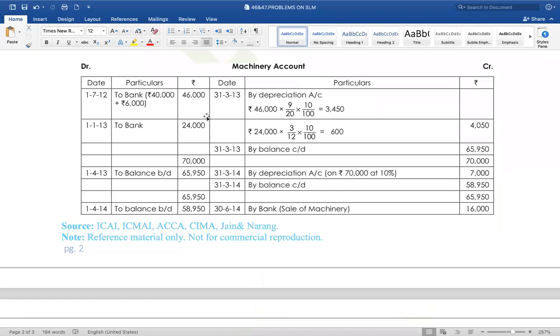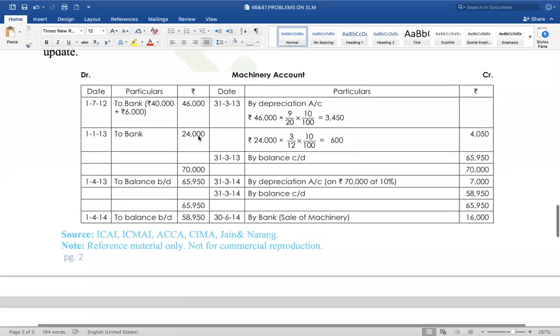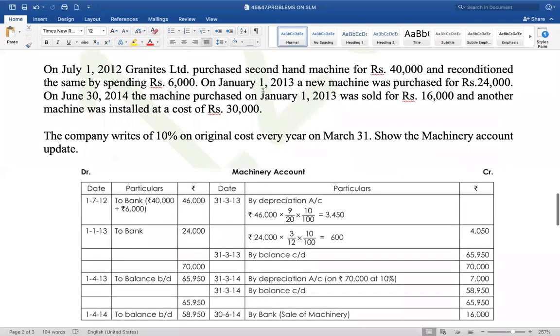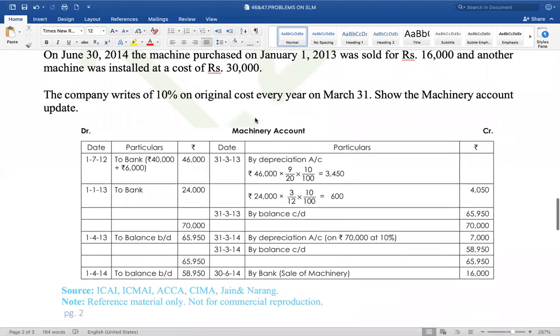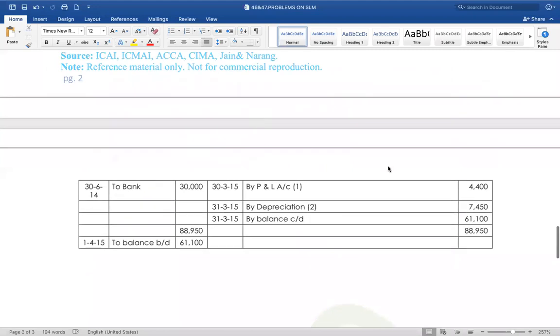You will calculate depreciation on 24,000 only for the number of months it was used till it was sold. And you will also calculate depreciation on 30,000 from the date on which it is purchased. So the total of these three depreciations is 7,450. Actually I have to show you the calculations here.